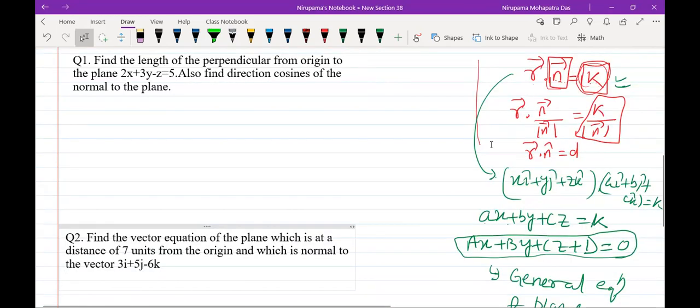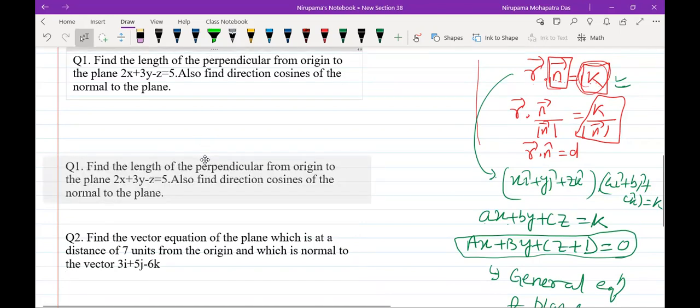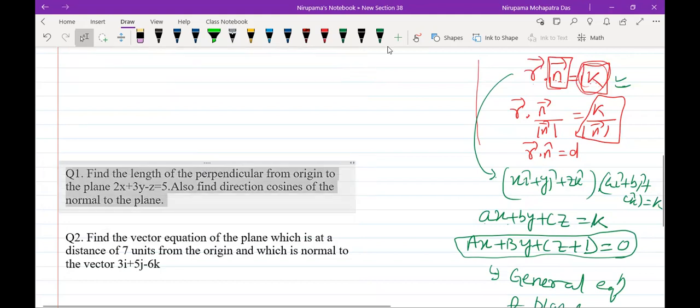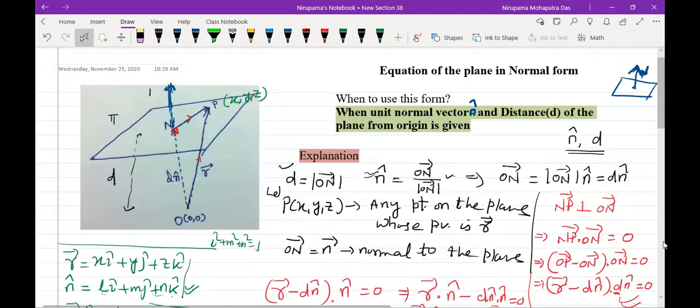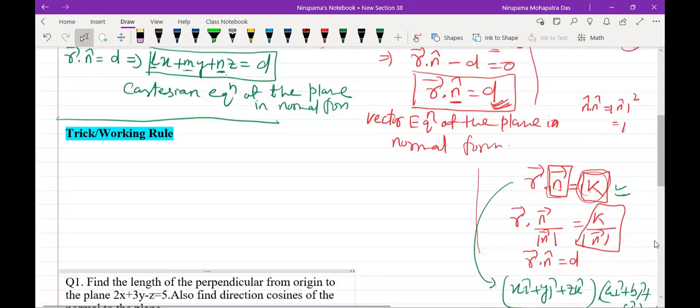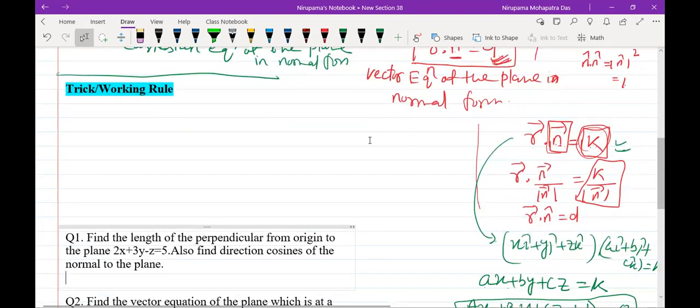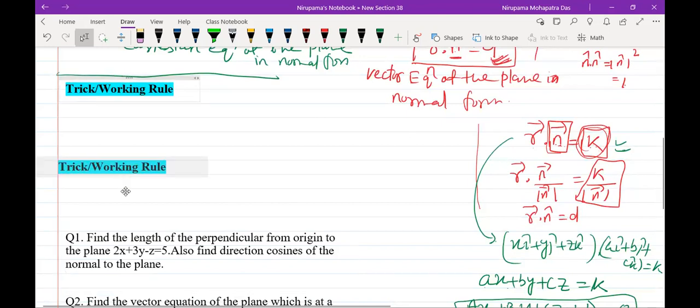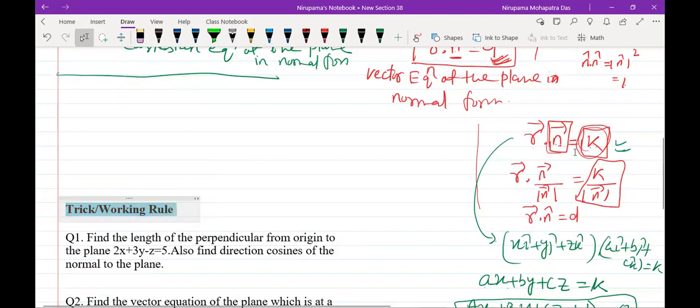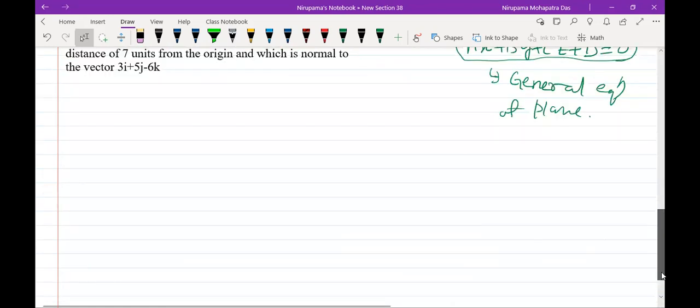Our first question: just read the question. I have taken one question in Cartesian form and one in vector form. Through these 2 questions I will tell you the tricks and working rules also. Please go through the question.